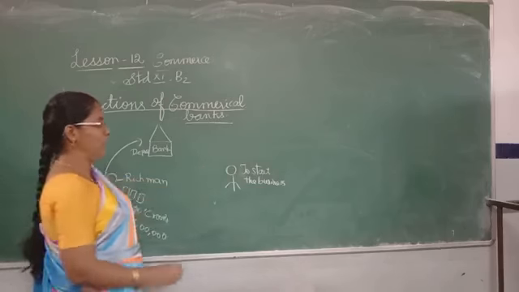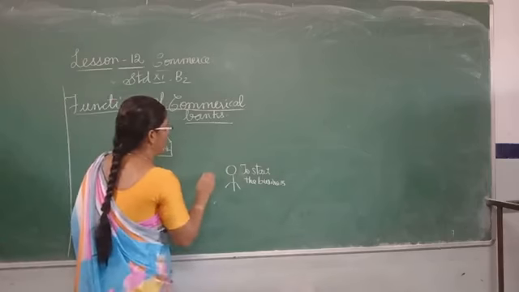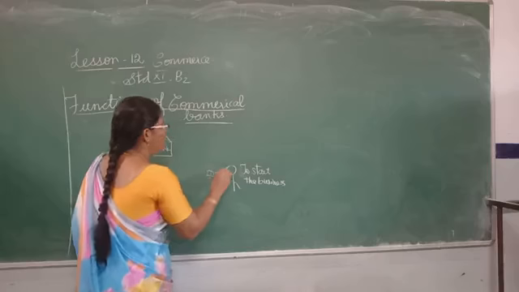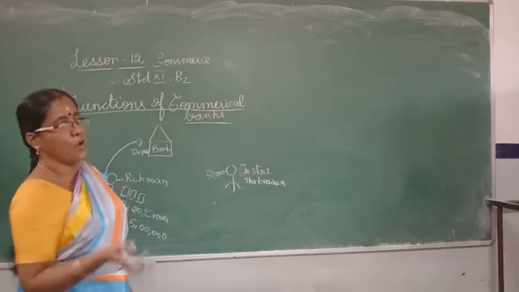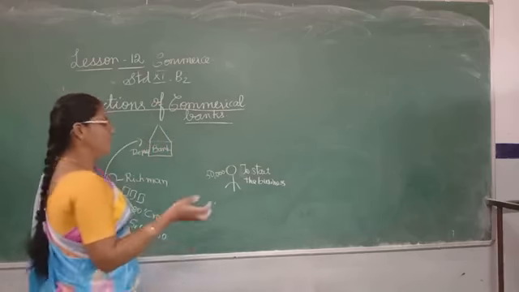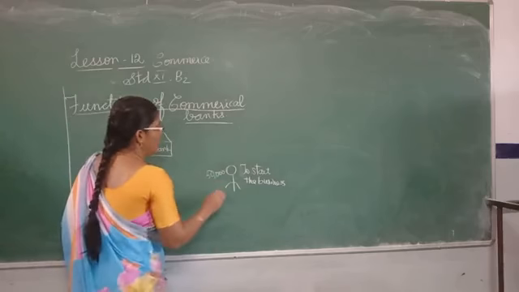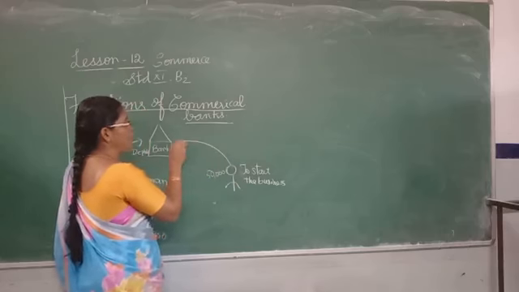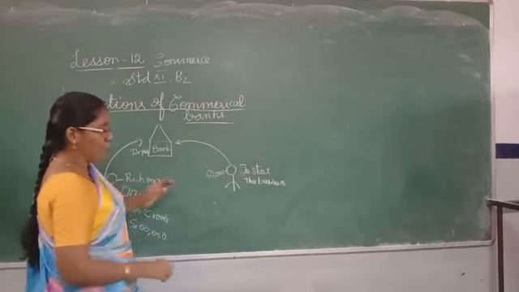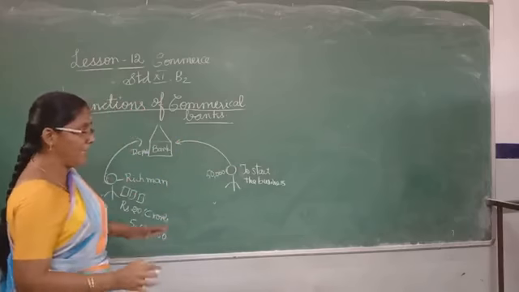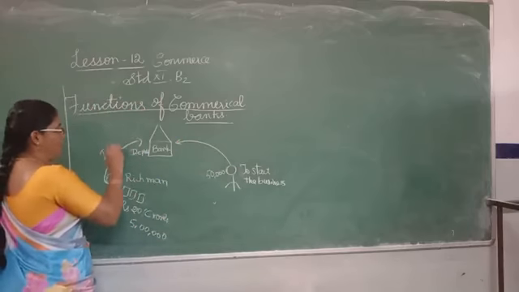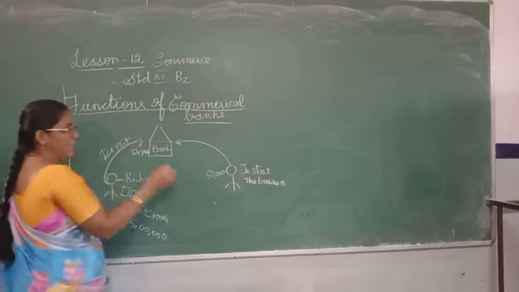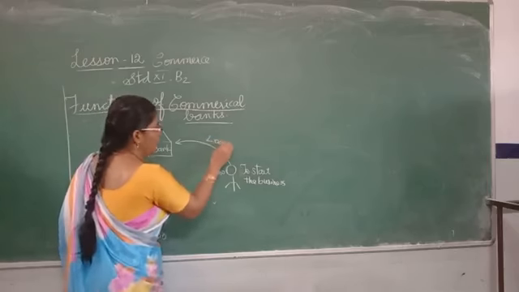He has only 50,000 rupees. To start the business, how much amount is needed? At least 5 lakhs he needs. So for that amount, where will he approach? He will also approach the bank. Those who have more money will deposit the amount; here he will receive the loan.